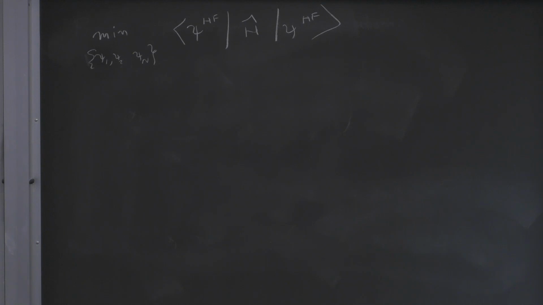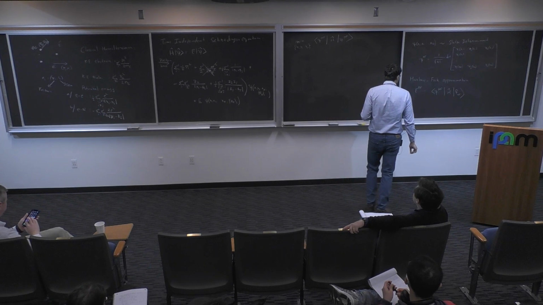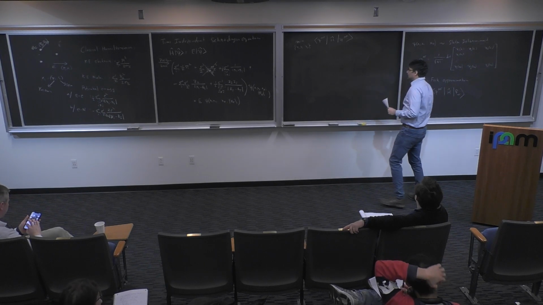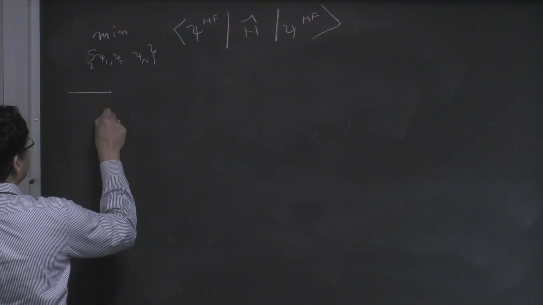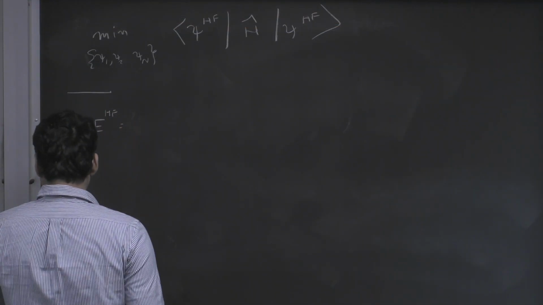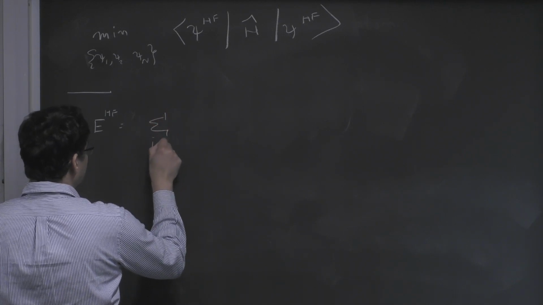But before that, maybe I'll write down first what this energy is going to look like. So if we look at E Hartree-Fock, that can be decomposed into the following terms.